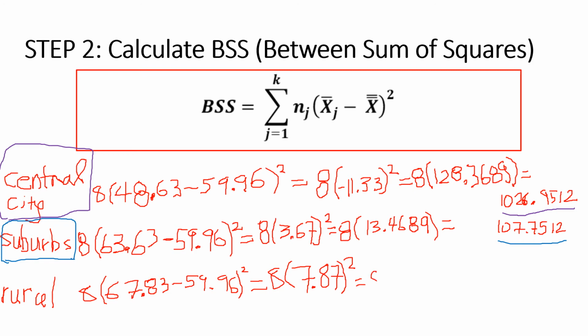So 8 times 61.9369 should give us 495.4952.